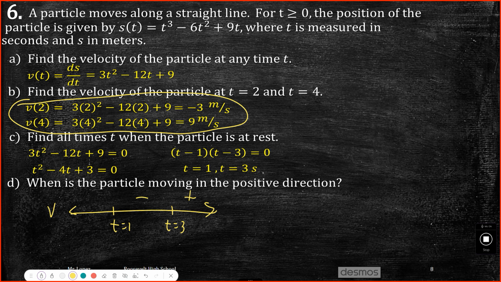If I plug in 0, v of 0 will be positive. Yes, some positive velocity. So when is the particle moving in the positive direction? I guess you could say negative infinity to 1 and 3 to infinity.